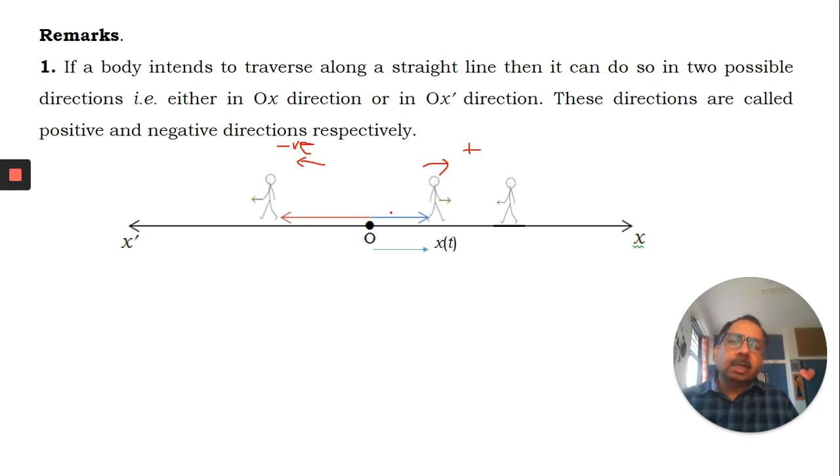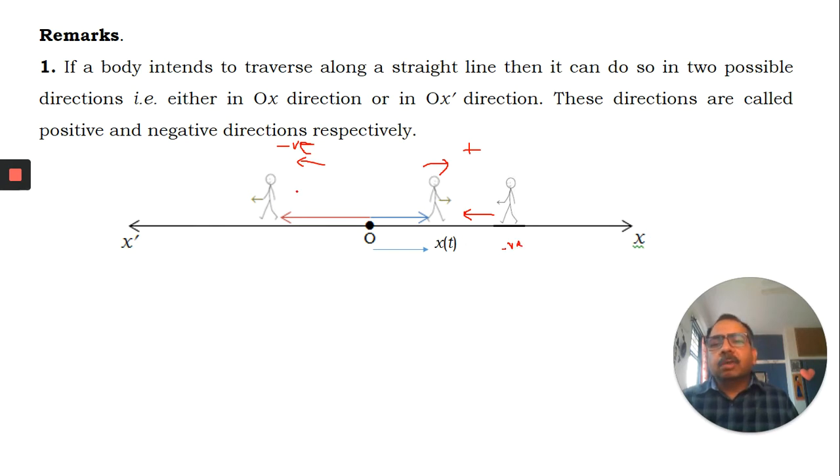So in this direction, if the body is going towards the right, that is if it goes far from O, we shall take its velocity as a positive quantity, and if it moves towards the point O, then we shall take its velocity as a negative quantity.